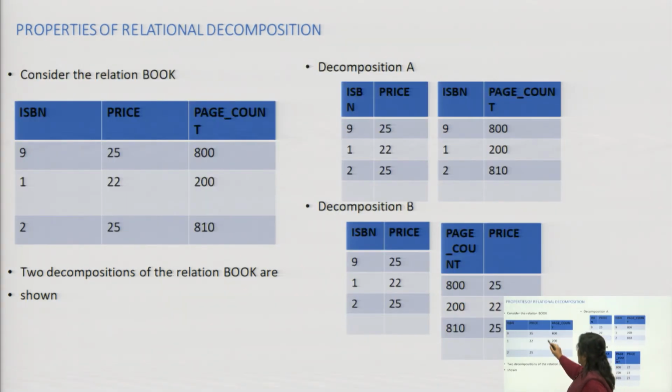Now, look at this, we have the relation book with the attributes ISBN, price and page count. I have shown two decompositions of the relation book. Decomposition A has one relation with ISBN and price and the other with ISBN and page count. The other decomposition is decomposition B, which consists of ISBN and price, and page count and price.